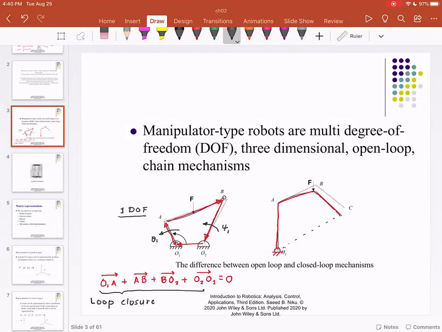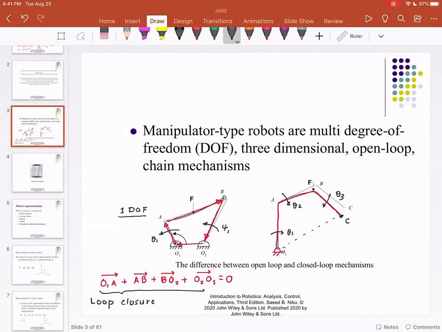The relationship between theta 1 and psi 1 has a 1-to-1 correspondence. On the other hand, depending upon angle theta 1, theta 2, and theta 3, the position of point C could be anywhere in this planar space. So that is the difference between an open loop mechanism and a closed loop mechanism.